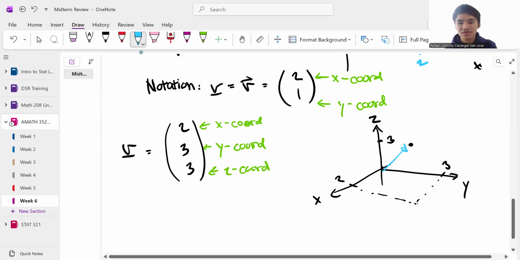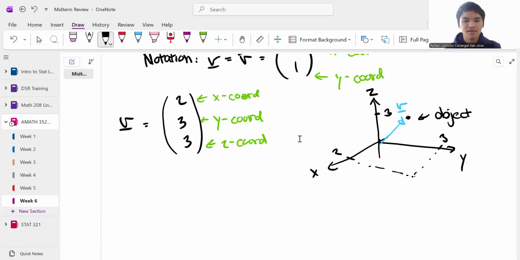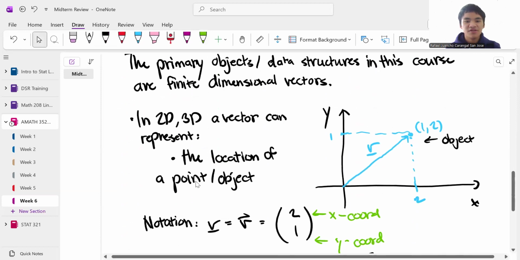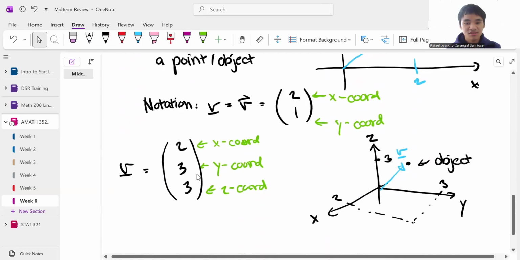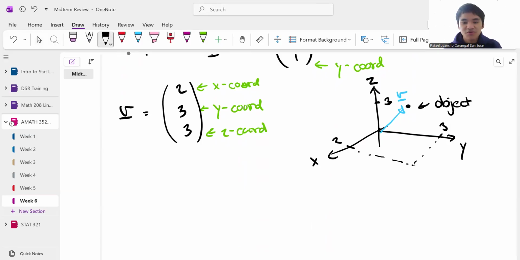And we can call it vector V once more. So that vector V is pointing to this object. Okay. So that's one way of representing a vector. We can think of it as a location of a point in space, whether that's in 2D space, in 3D space, and to be more general, in some d-dimensional space or n-dimensional space, whatever you want to do.